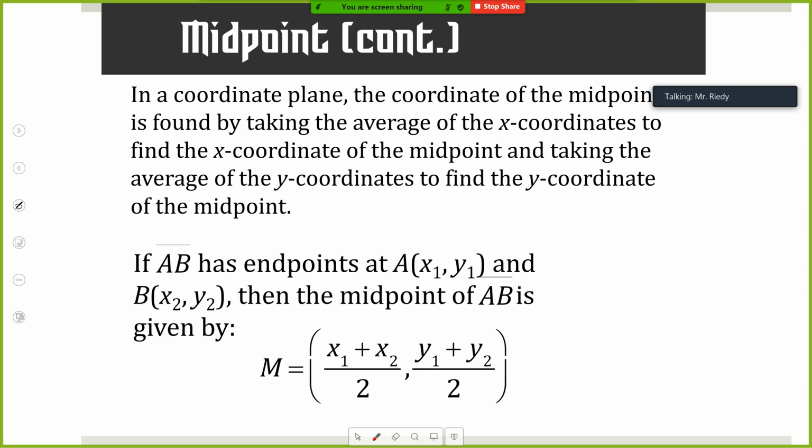Okay. The top paragraph explains how to find the midpoint. It is the average of the x coordinates and the average of the y coordinates. Well, notice, x1 plus x2 divided by 2 would in fact be an average. The other mistake that happens a lot when dealing with midpoints is that people get a number for a midpoint.